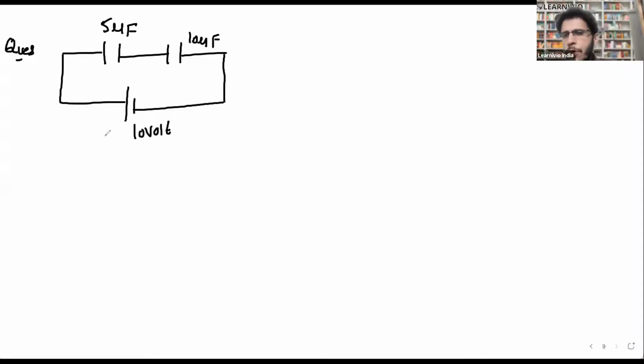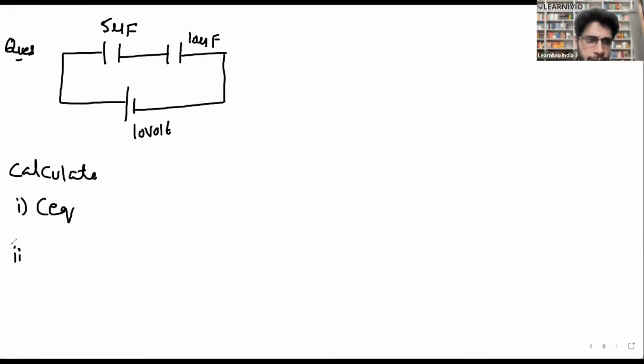See, the simple formula based numerical. Calculate first part: I need equivalent capacitance, C equivalent. Second part: I need total voltage across the circuit. Voltage and potential difference are the same.